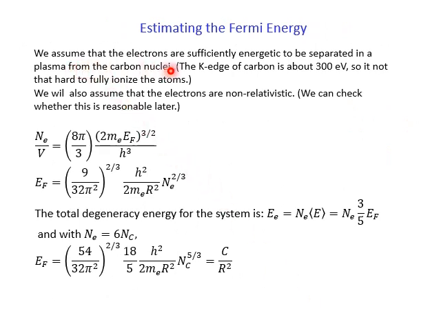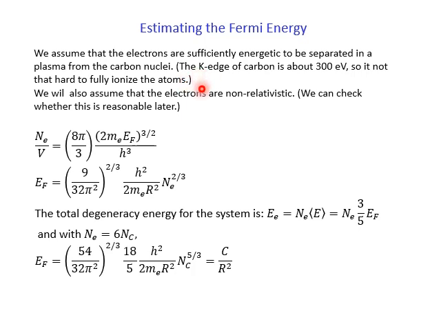We assume that the electrons are sufficiently energetic that they are separated in the plasma from the carbon nuclei, and not so energetic that they are able to excite the nucleus into an energy state such that a neutron converts to a proton converts to a neutron with the addition of an electron.